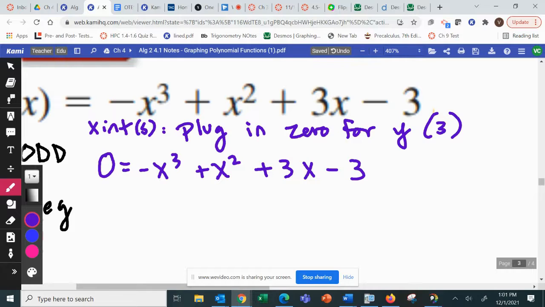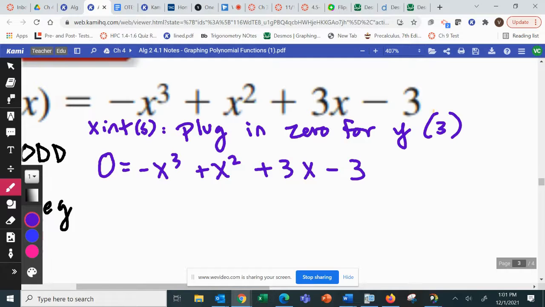We learned complete the square. That only works for quadratics. We learned quadratic formula. Guess what? Only works for quadratics. We're left with 2 ways to solve this. Graphing. Well, we're just starting to graph it, so we're not going to solve it by graphing. Or what's our last way that we've been practicing a lot? Factoring. We're going to solve this by factoring.